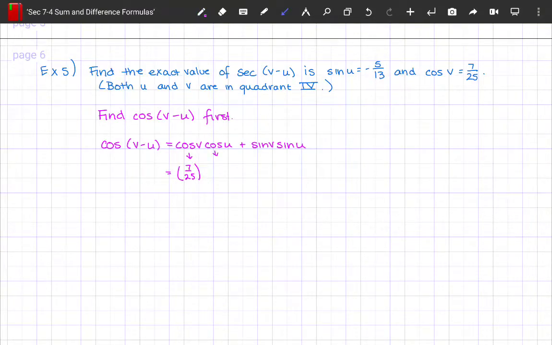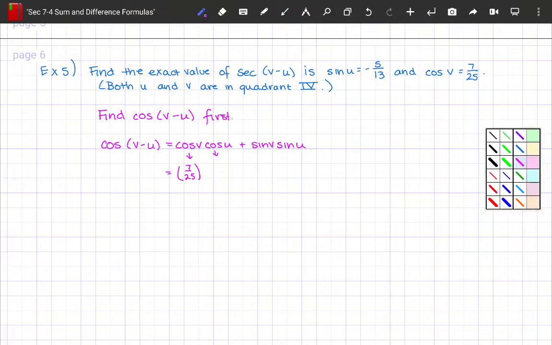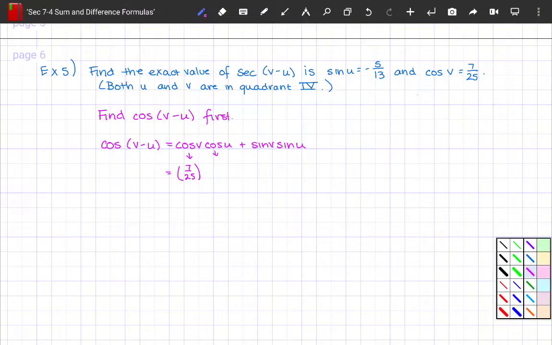Cosine of u, we have sine of u, but we don't have cosine u. What do we do? Well, draw a triangle. When in doubt, draw it out. It does say both angles are in quadrant 4.